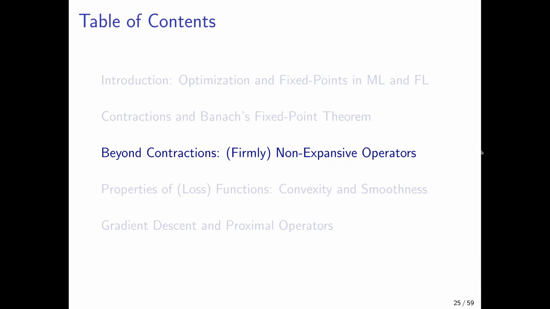In practice, if we're studying convergence of some fixed point iterations, ideally we are dealing with contractions and we can apply Banach's fixed point theorem, but sometimes this doesn't work and we are dealing with somewhat weaker or related properties, which are not exactly contractions, but sometimes they can still be useful and guarantee convergence of fixed point iterations, such as is the case for firmly non-expansive operators.